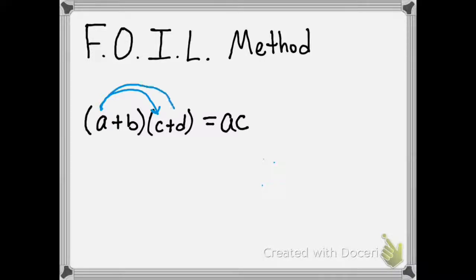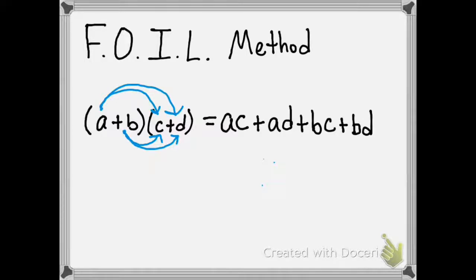So the a times positive d, so that's going to be plus ad. I is for the inside term, so positive b times c, so it's going to be plus bc. And then last, the L in FOIL stands for last term, so positive b times positive d, and so it's going to give us plus bd. All right, so that's the FOIL method.